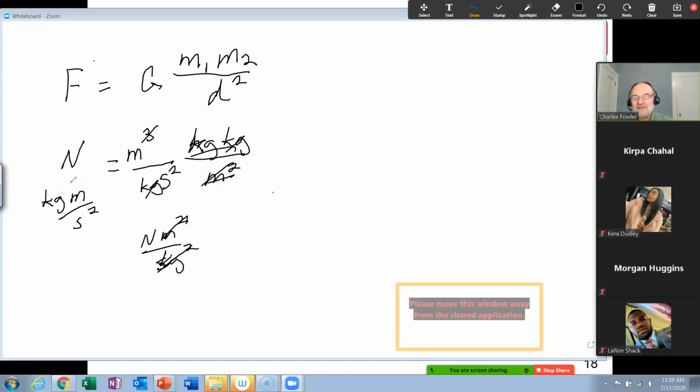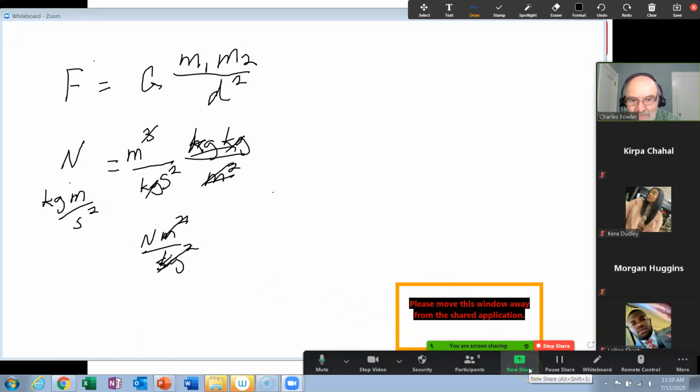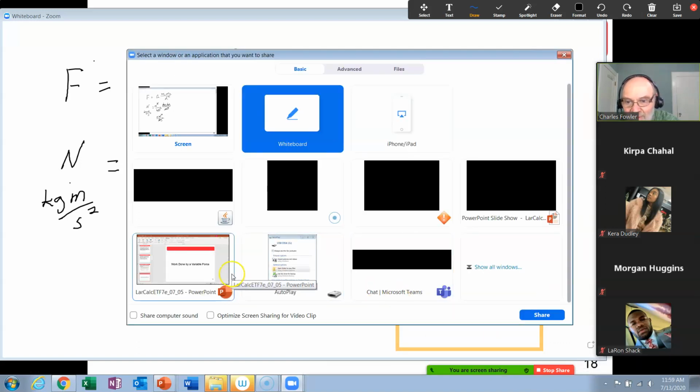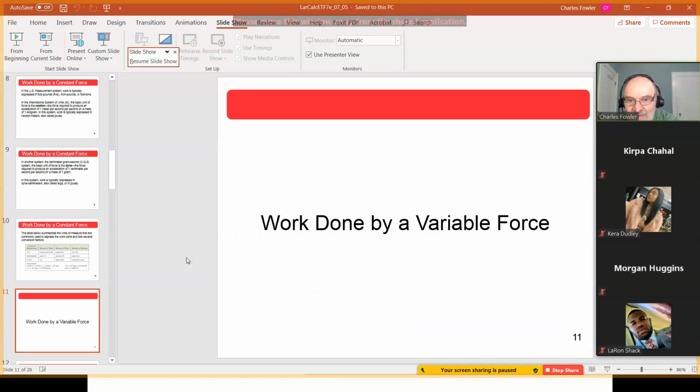So that, to me, is the easier unit to deal with. But since the book used meter cubed per kilogram second squared, that's what I wanted to show you. How in the world did they get that? Okay, so here we go. Remember that, meter cubed per kilogram second squared. Let's go back to here, and we'll see.